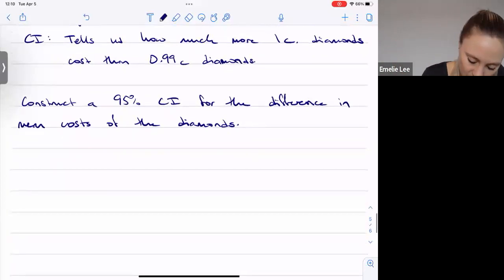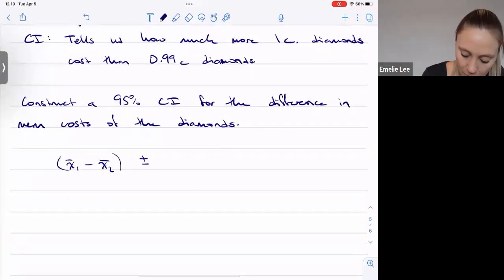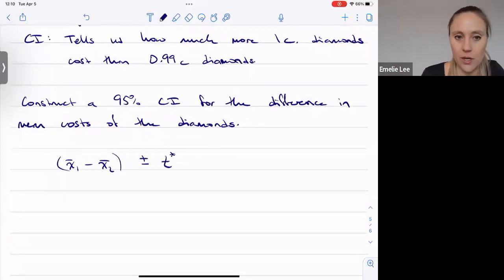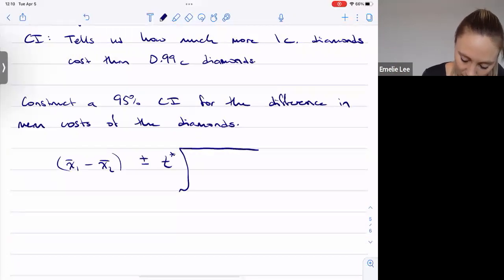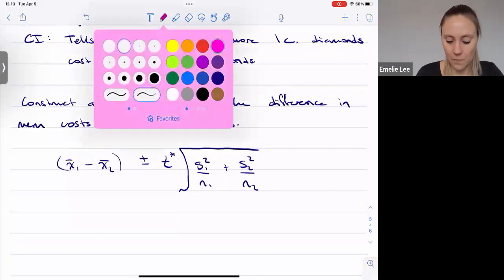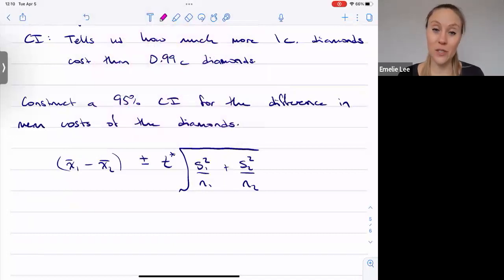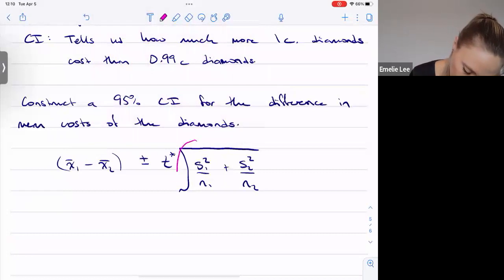So it's going to be x1 bar minus x2 bar, that's my point estimate, plus minus T star, times the square root of S1 squared over N1 plus S2 squared over N2. Now, what I'm going to do, and you're allowed to do this because I've already shown this calculation, is this.